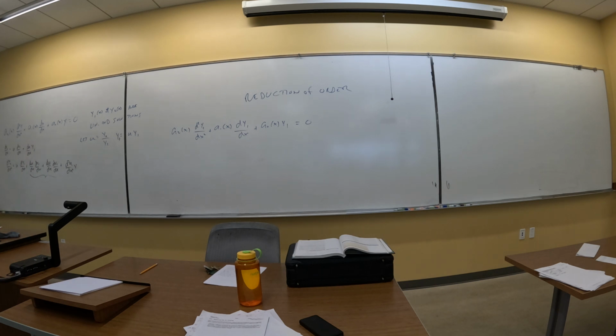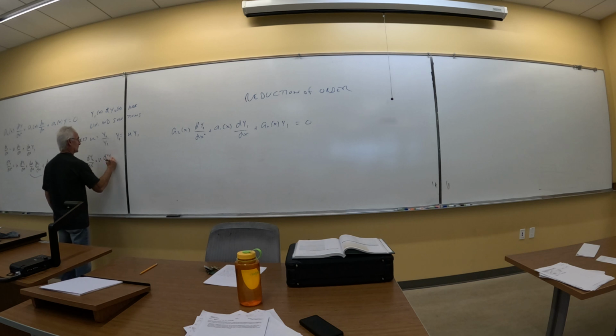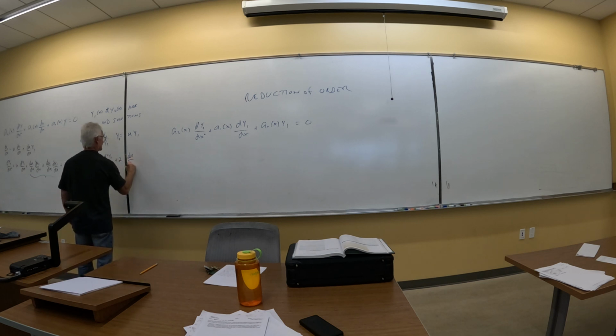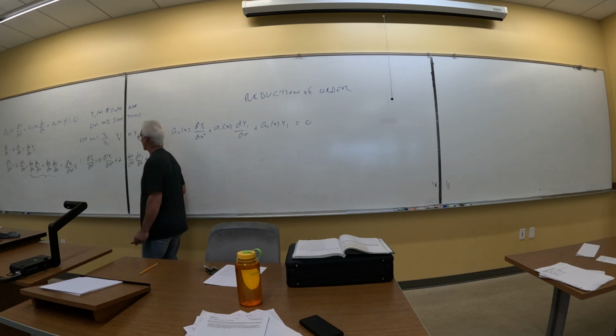So I'm going to have two of those. If you'd like, I'll restate that as u times the second derivative of the y's plus 2 first derivatives of each plus the second derivative of u times the y.